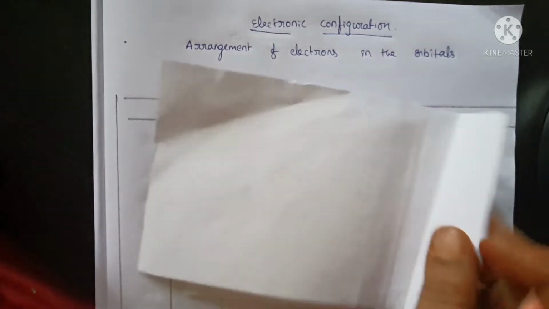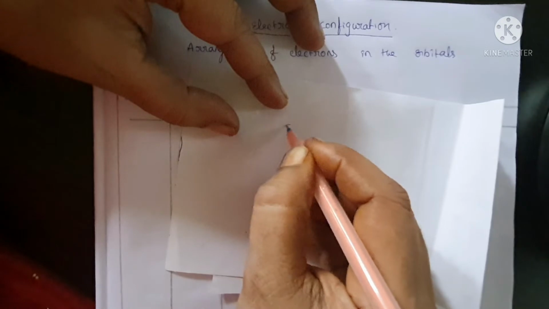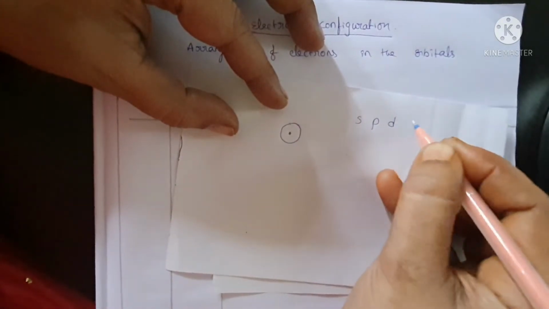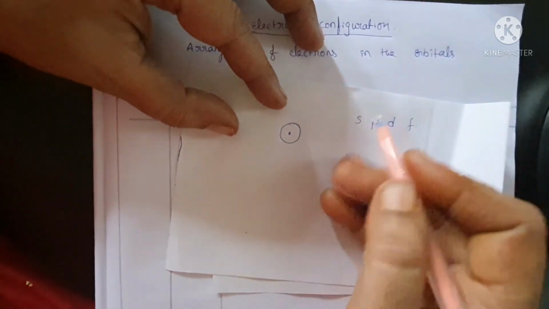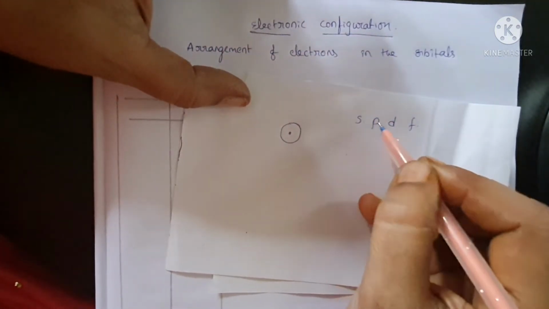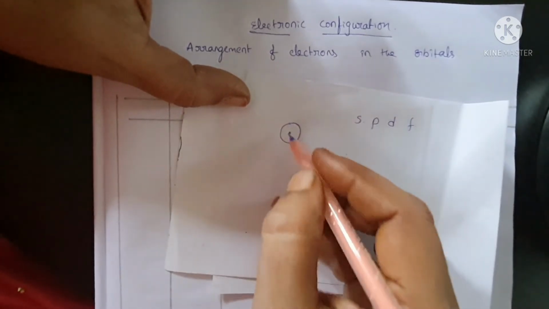We will learn about the orbitals. What are those? S, P, D and F. We will learn about the electrons which are arranged in the S, P, D and F orbitals.